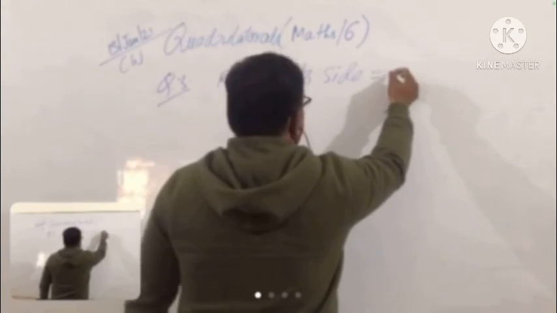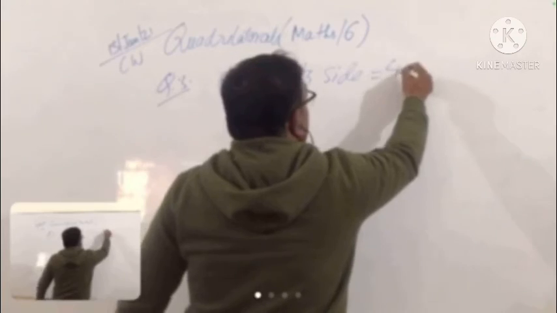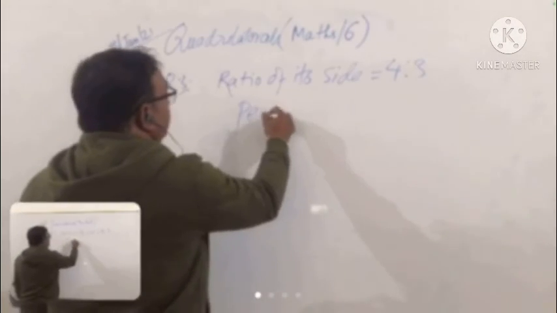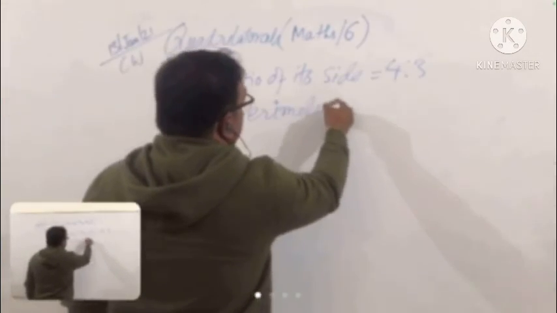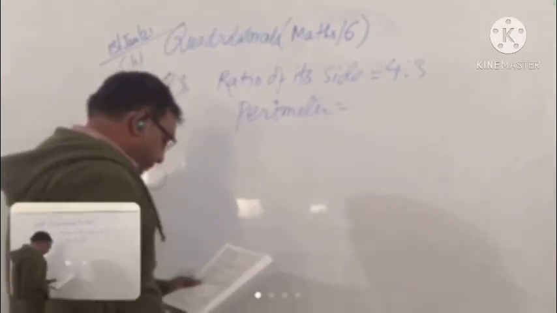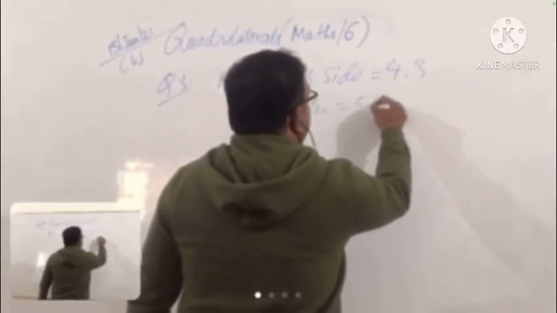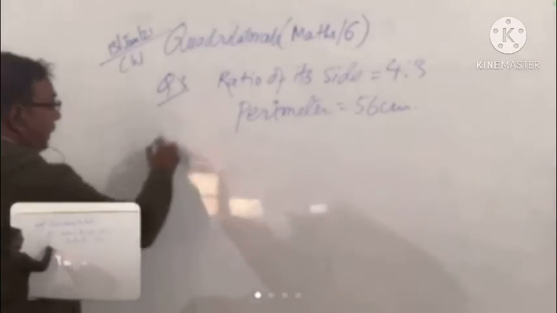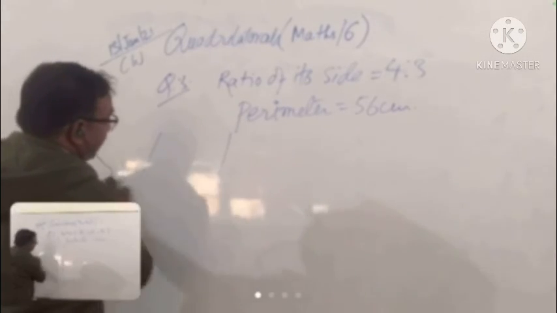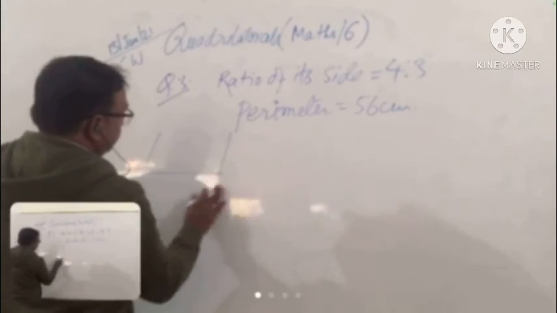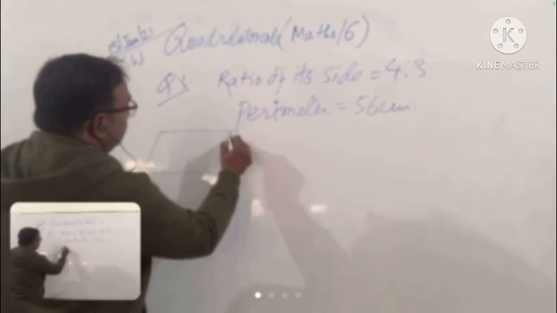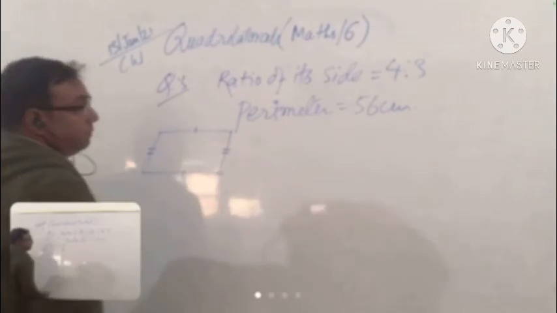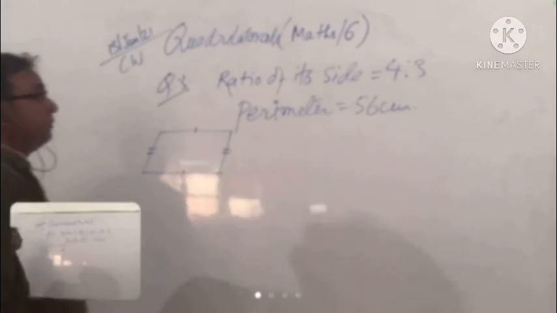Ratio of its sides is 4 is to 3, and perimeter is equal to 56 centimeter. Now see this, if this is a parallelogram, we know that the opposite sides are equal and parallel.